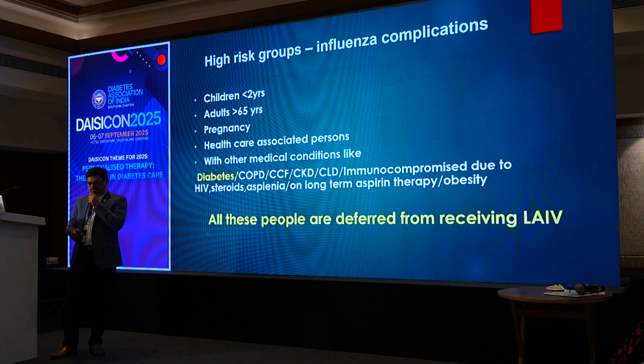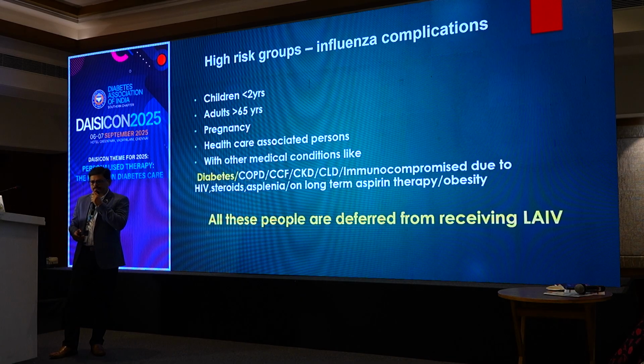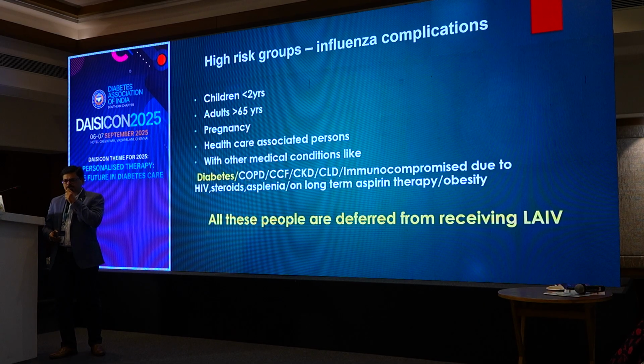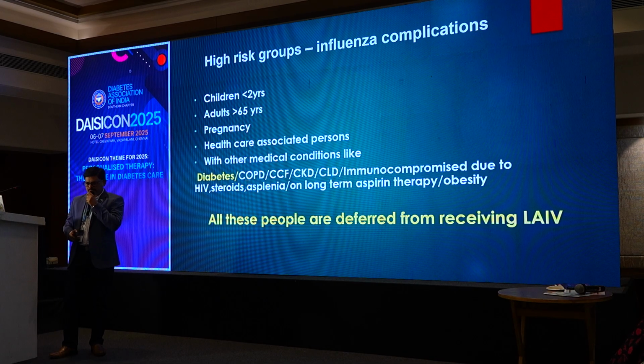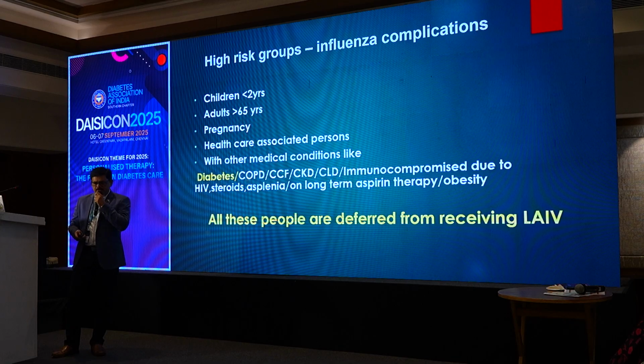These are all the high risk age groups in whom we should not use the intranasal live attenuated influenza vaccine: children less than 2 years, adults more than 65 years, pregnancy, healthcare associated persons, and those with other medical comorbid conditions and chronic medical disorders. All these people should avoid especially this live attenuated intranasal vaccine. Other vaccines can be given.